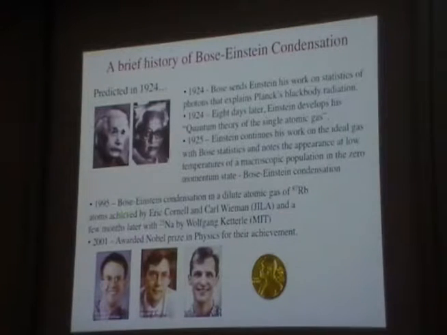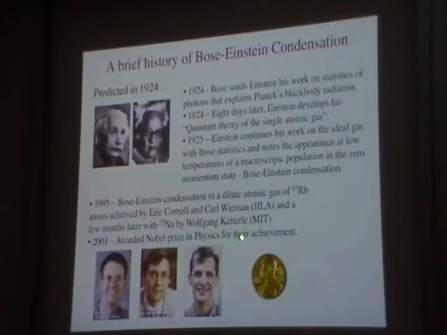And then we jump ahead to basically 1995, when people first created a Bose-Einstein condensate in a gas of atoms. It was first realized by Eric Cornell and Carl Wieman at JILA, the Joint Institute, well, it used to be the Joint Institute for Laboratory Astrophysics, so now it's just JILA. And they realized BEC in a gas of rubidium-87 atoms.